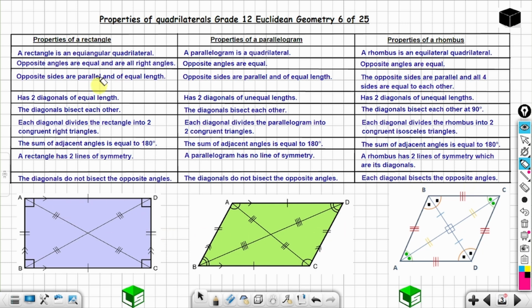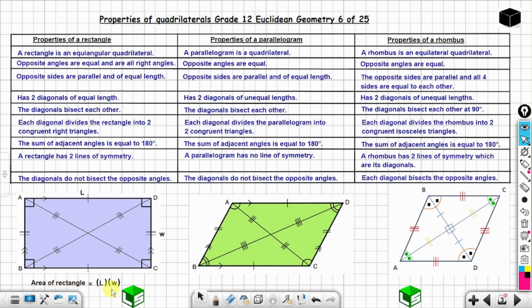So a rectangle and a rhombus are special cases of a parallelogram because of the similarities. They all have opposite sides parallel to each other. Now, to calculate the area of a rectangle, if we call this the length and we call this the width, the area is equal to the length times the width.